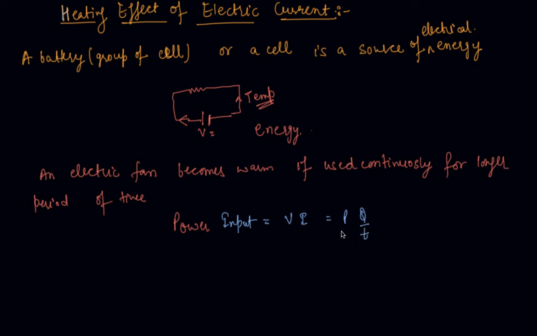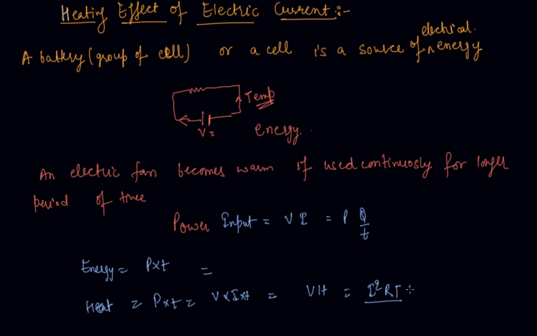The energy supplied to the circuit is power into time, so energy will be P into T, which equals V into I into T. Or you can say the energy in the form of heat is VIT. And from Ohm's law, V equals IR, so it is I squared RT. So the heat dissipated by any appliance or resistor is I squared RT.